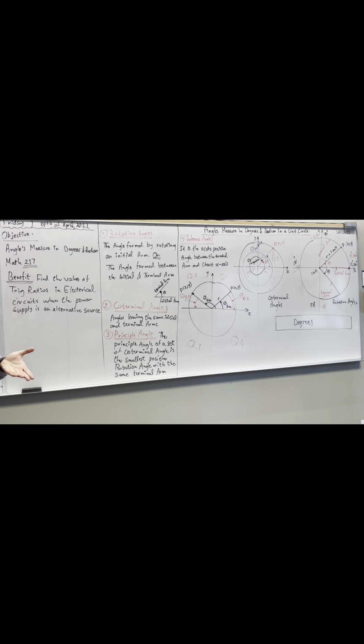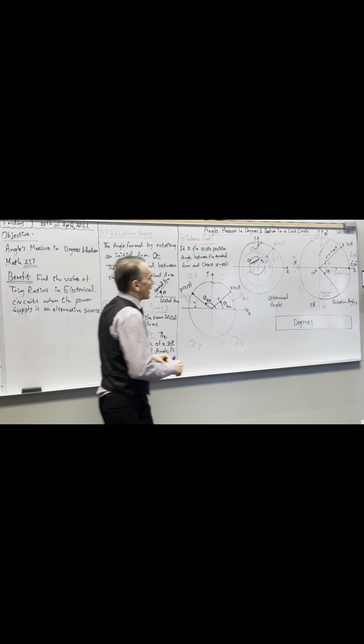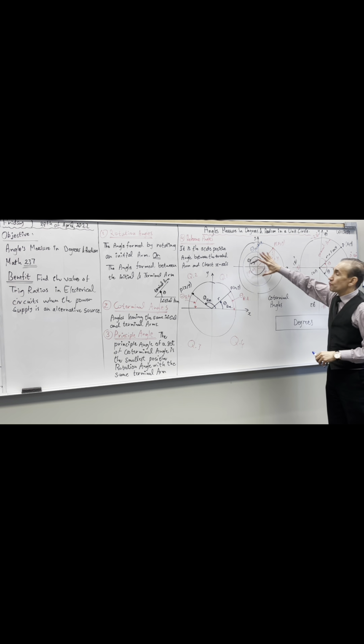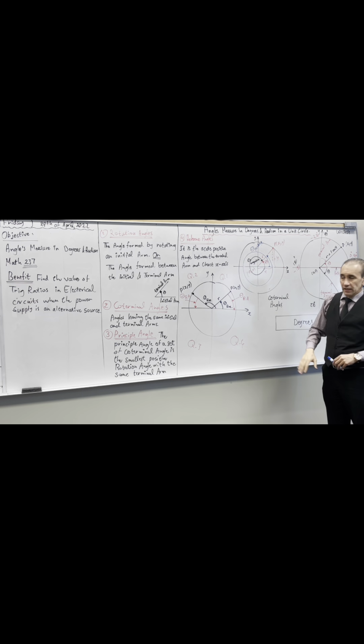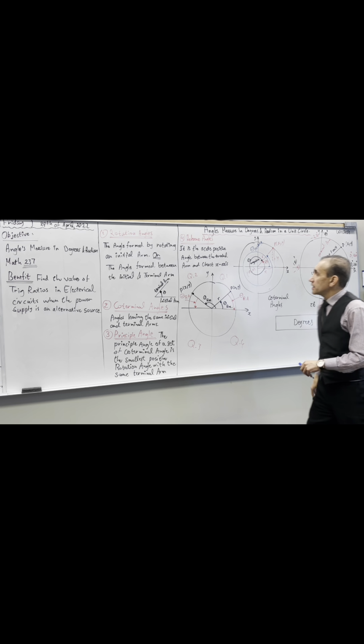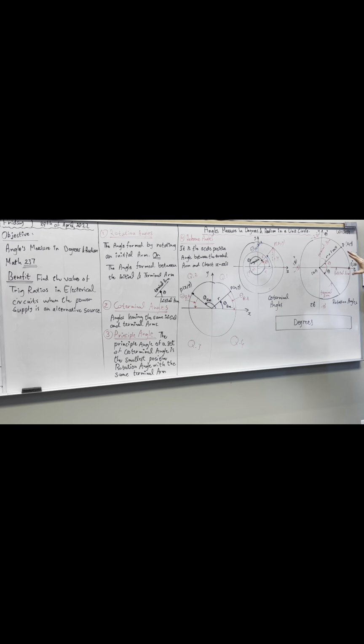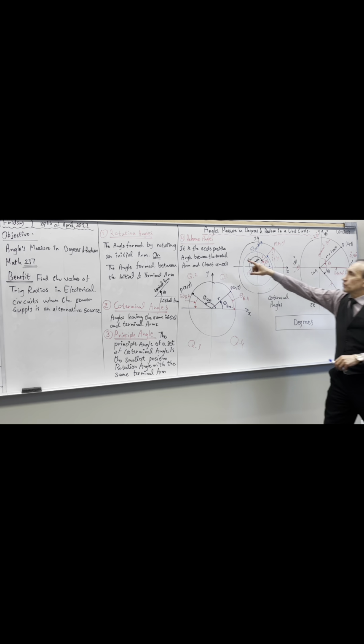So among these three coterminal angles, theta red, theta black, theta blue, the principal angle is the theta red here, because it's the smallest positive angle between the initial arm and the terminal arm. So we finished with this. Now the most important definition among all of them is the last one, which is the reference angle.